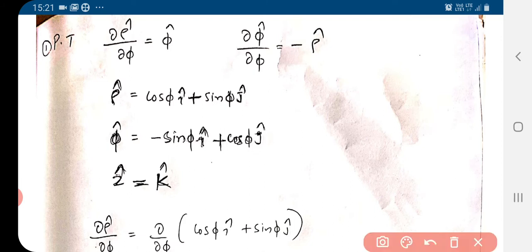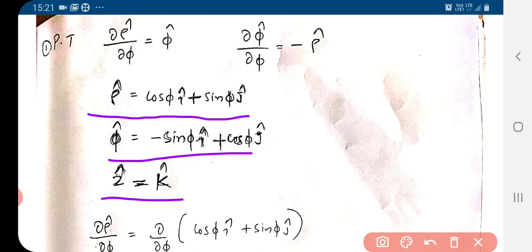The unit vectors we obtained are these: rho is cos phi i plus sin phi j, phi unit vector is minus sin phi i plus cos phi j, z unit vector is equal to k.